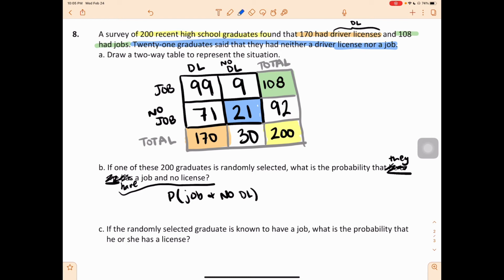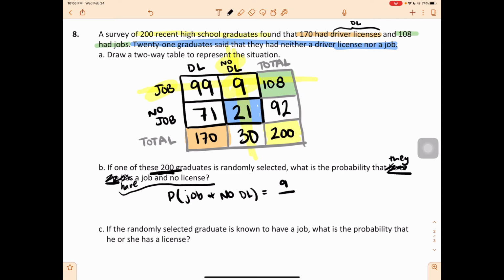So job is this one here, job, and no driver's license. No driver's license here, job here. Where do those two intersect? Well, they intersect right up here at the top. So this is going to be 9 out of the 200 graduates.